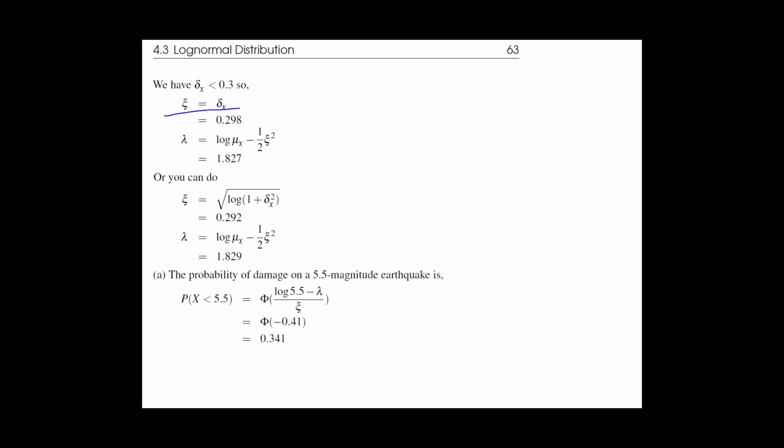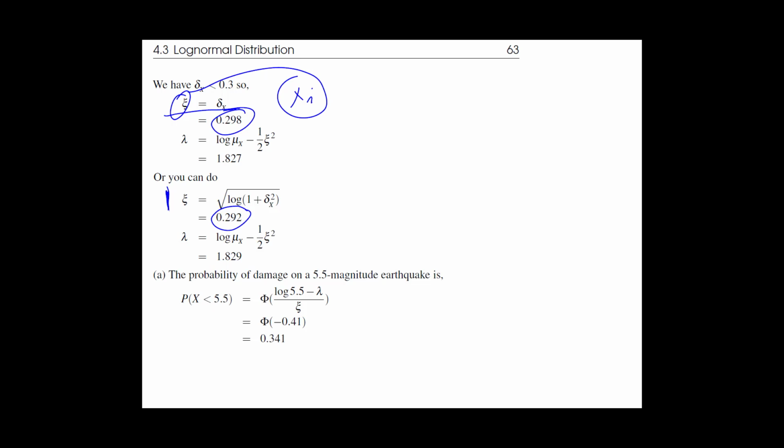It's supposed to be xi, not the random variable, just literally xi. If you don't want to use this approximation, you can also use the exact formula for xi, which would be this one. You see there's not much difference between 0.298 and 0.292.